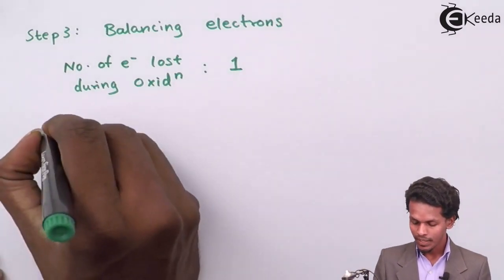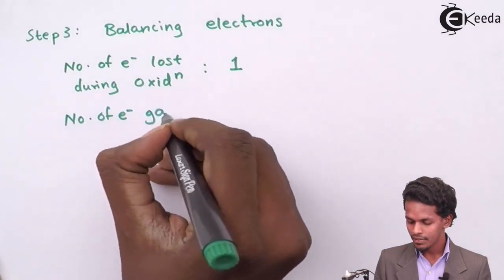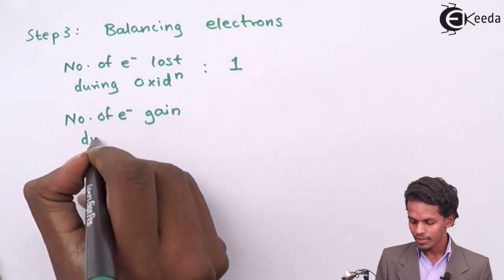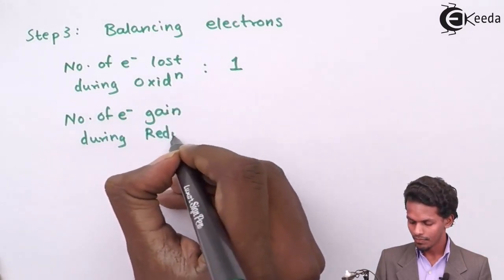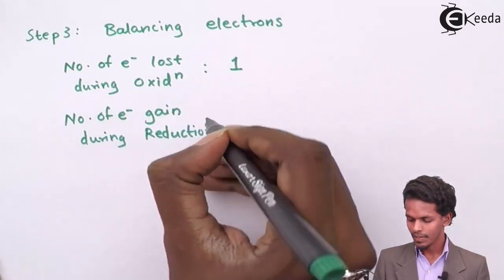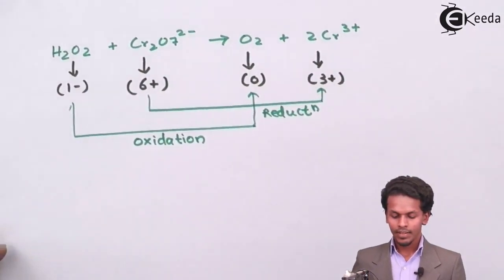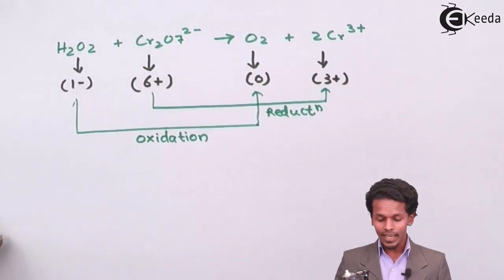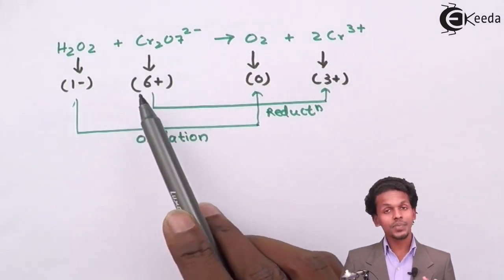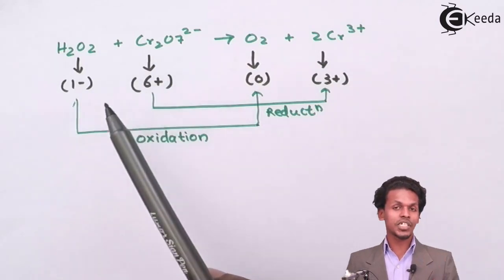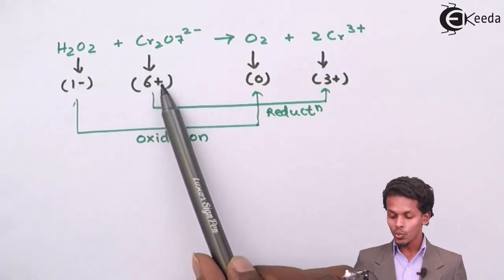So therefore the number of electrons gained during reduction will be, in this case, as we can see, the charge present on the chromium, that is the oxidation number of chromium, is being converted from 6+ to 3+.